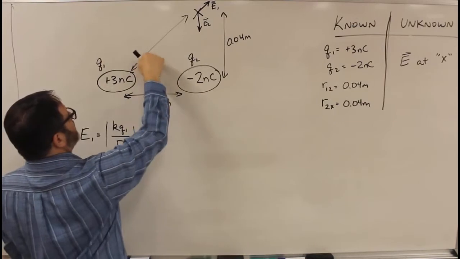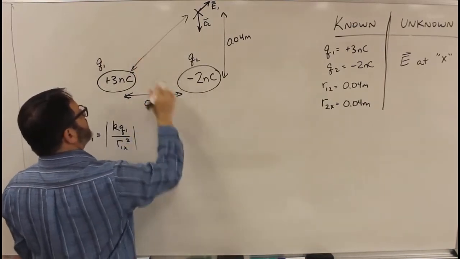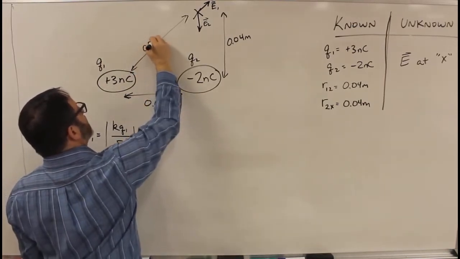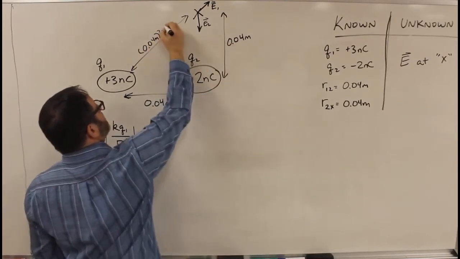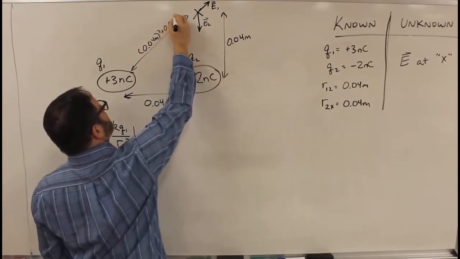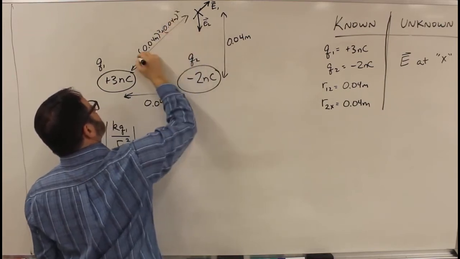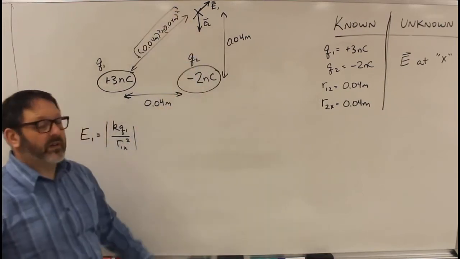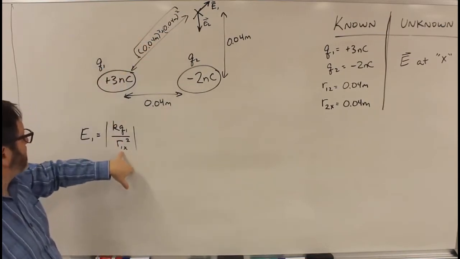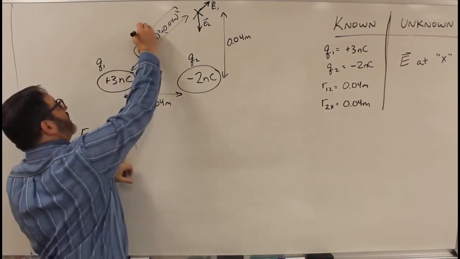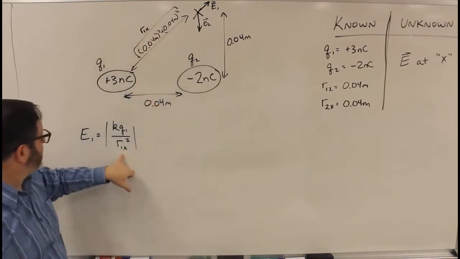So I know that this is the square root of 0.04 meters squared plus 0.04 meters squared. That should be the length of that side. So I can find that, that's what R1x is. So I'll be able to put that in here.